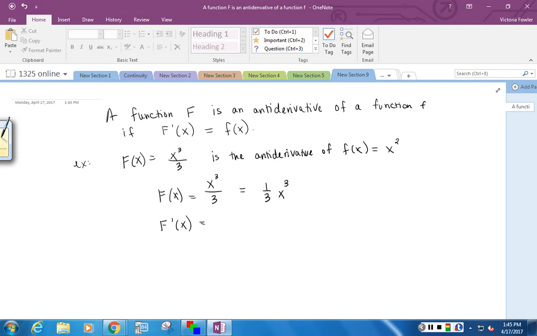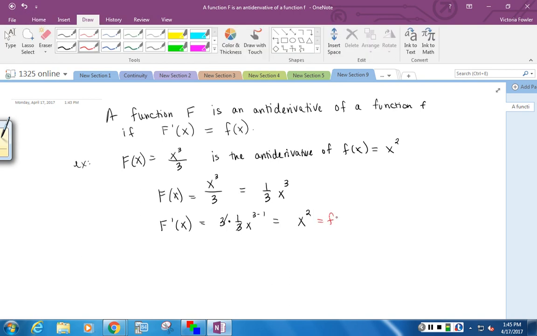Well, my power rule says I will multiply the 3 times the 1/3 and reduce the power by 1. So we would have x squared, which is indeed little f of x, right? So I've just shown that capital F of x is the antiderivative by definition of little f of x.